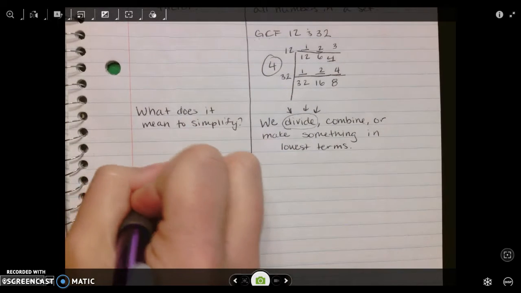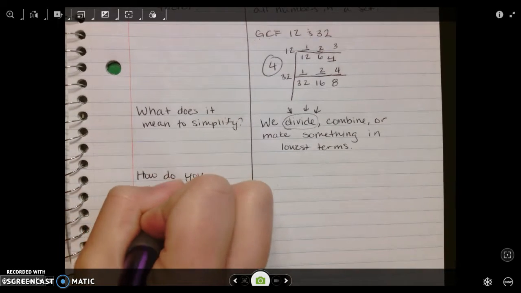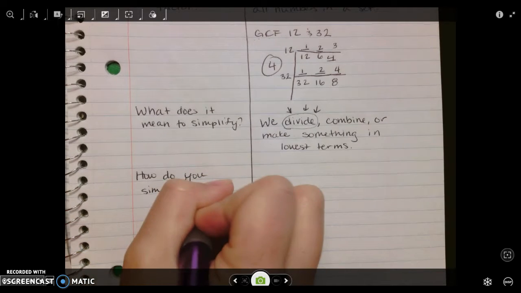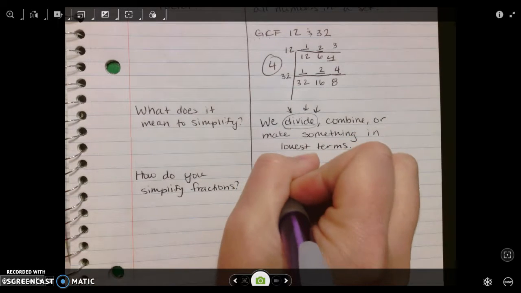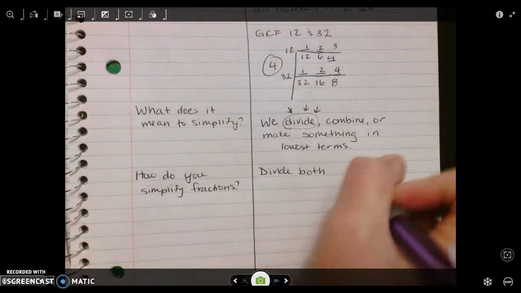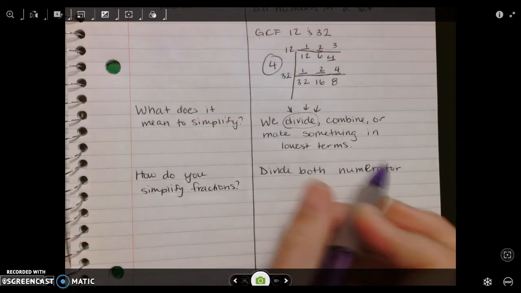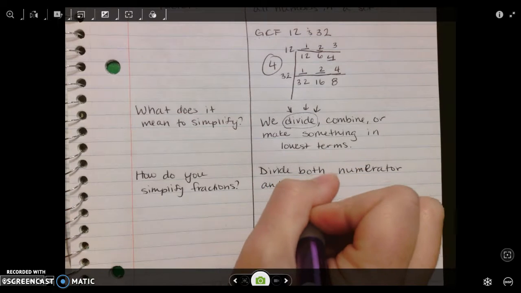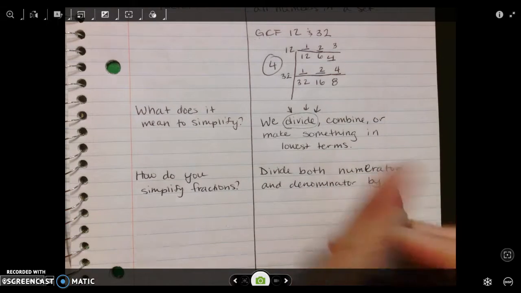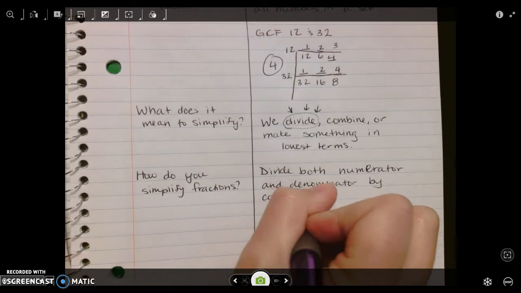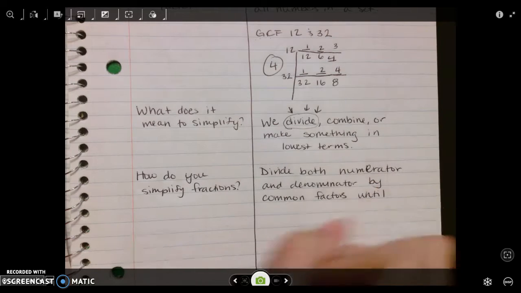So how do you simplify fractions? Divide both numerator, not number, numerator and denominator by common factors until there are no more.